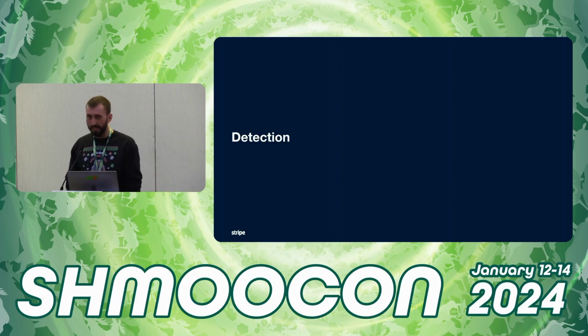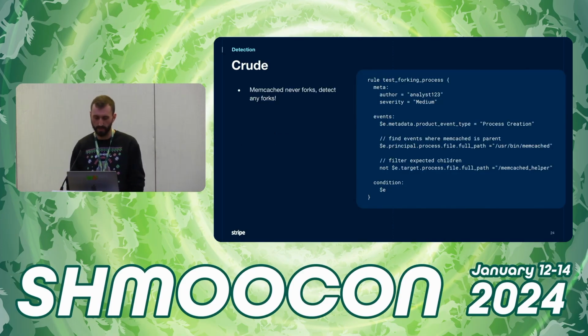So very quickly, running through detection of what this looks like. Once we were able to build a POC that runs in our environment and that we can use to compromise a memcache proxy, we wanted to see what kind of telemetry we could get. One of our crude examples is assuming that an adversary's payload is going to fork and do something, whether it be run bash or netcat or some other executable on disk.